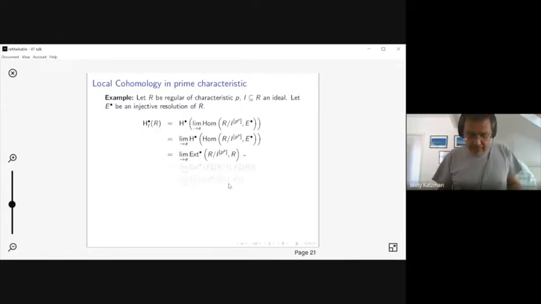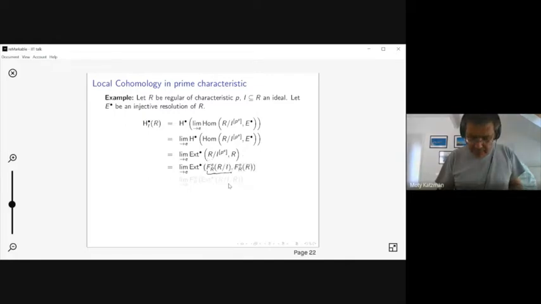And now we look at this and we recognize what this is. This is the result of applying the Frobenius functor E times to R mod I. So I'm going to denote this repeated application of the Frobenius functor this way.